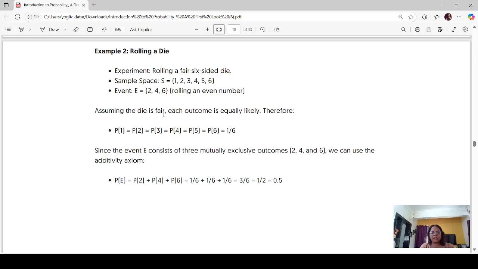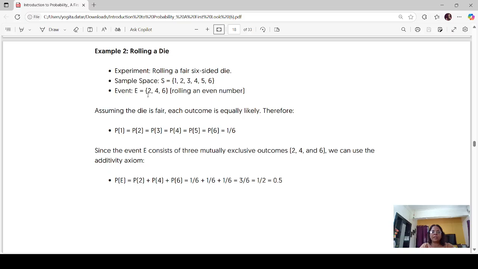Assuming the die is fair, meaning the 6 faces of the die have 6 different numbers from 1 to 6, and each outcome is equally likely, the probability of getting each of these outcomes is 1 by 6. So P(1) equals P(2) equals P(3) and so on up to P(6) is 1 by 6.